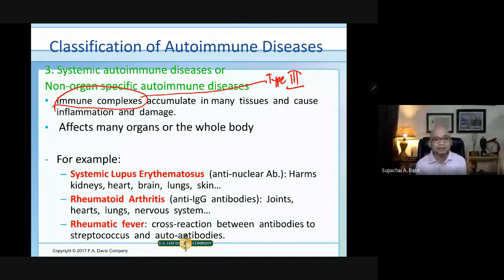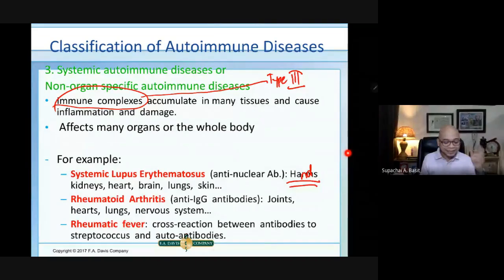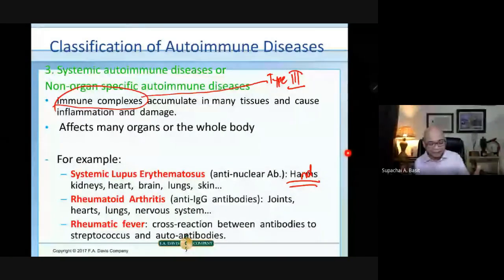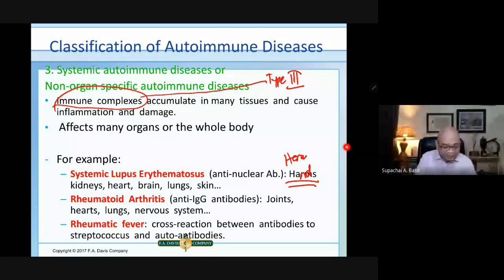Later on, we will be discussing anti-nuclear antibody, and why do we call it systemic? Because it affects our hands, I'm sorry for the typographical error, kidneys, heart, brain, lungs, and skin. It harms the kidneys, heart, brain, lungs, and skin.